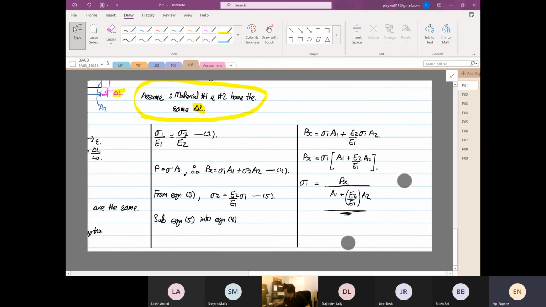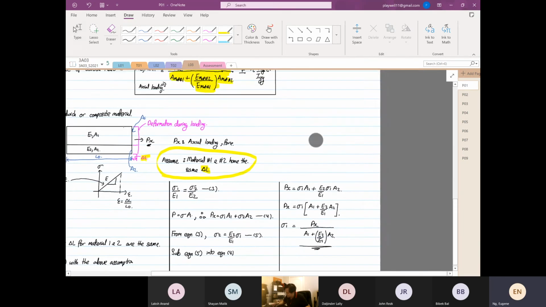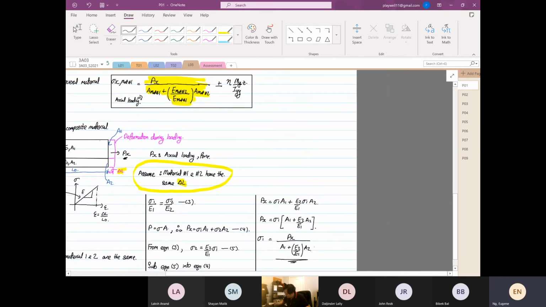We just derived axial loading stresses for a sandwich material. So this and this expression are the same. But we made a simplification: material 1 and material 2 have the same delta L. Just an assumption. Okay, right?